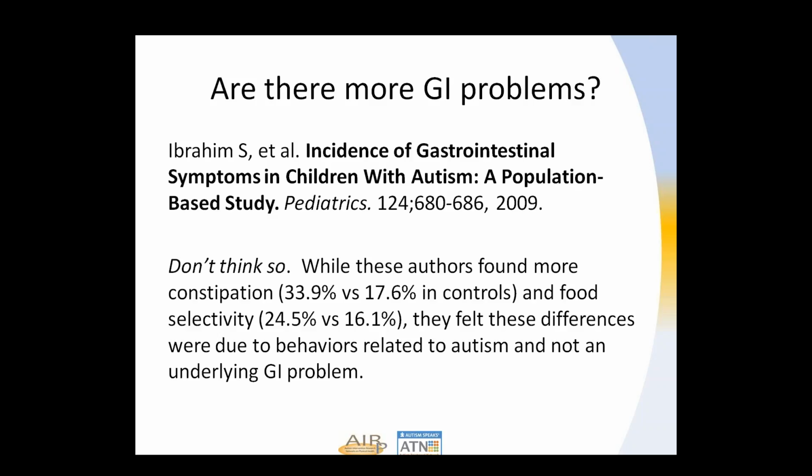They also found a lot more food selectivity, as noted here. But the authors felt that these differences were due to behaviors related to autism, and they did not feel that these represented a true underlying GI problem. Next slide, please.